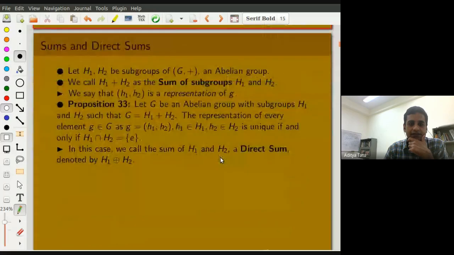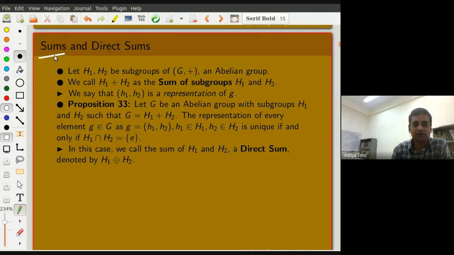Similarly, we also have the concept of sums of subgroups of an abelian group. Remember, we can talk of sums of subgroups only if the subgroups are of an abelian group. So H1 plus H2 is nothing but H1 H2.